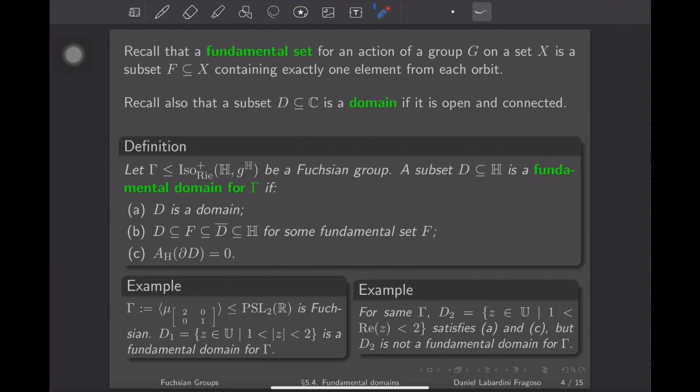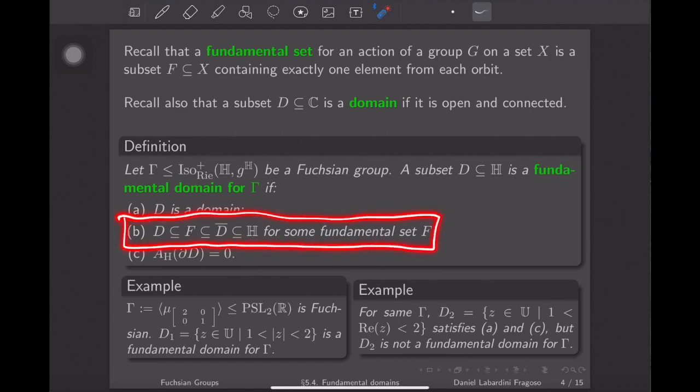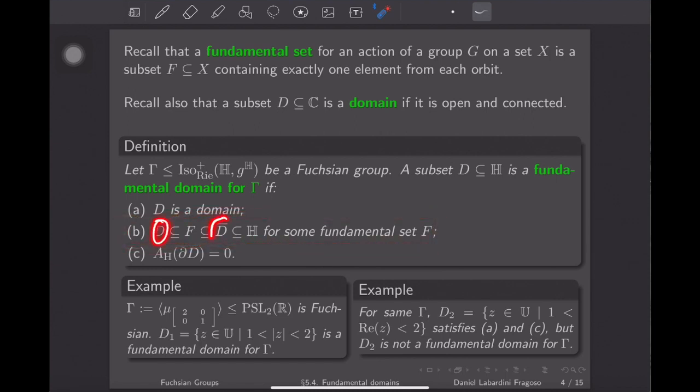So for instance, notice because of this definition, since in between D and its topological closure in H there has to be a fundamental set, different points in D are not in the same gamma orbit, because in F, different points really are in different orbits, right?